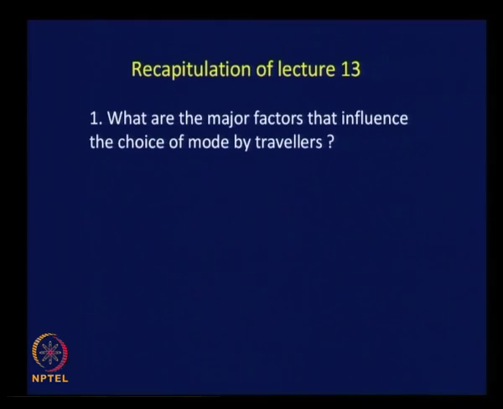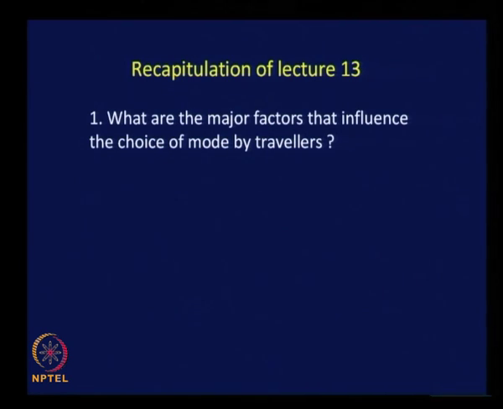To check whether we have really captured the important points of the previous lecture, let us try to answer the following questions. The first question is this: what are the major factors that influence the choice of mode by travelers? Anybody?